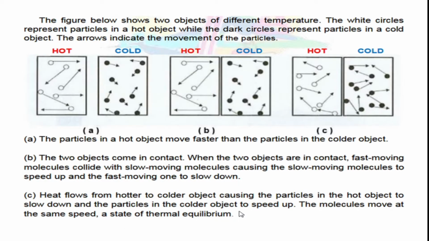What does that mean? Heat flows from the hotter object to the colder object, causing the particles in the hot object to slow down, and the particles in the colder object to speed up. So, that is it. The molecules move at the same speed. That is what we call thermal equilibrium. Okay?